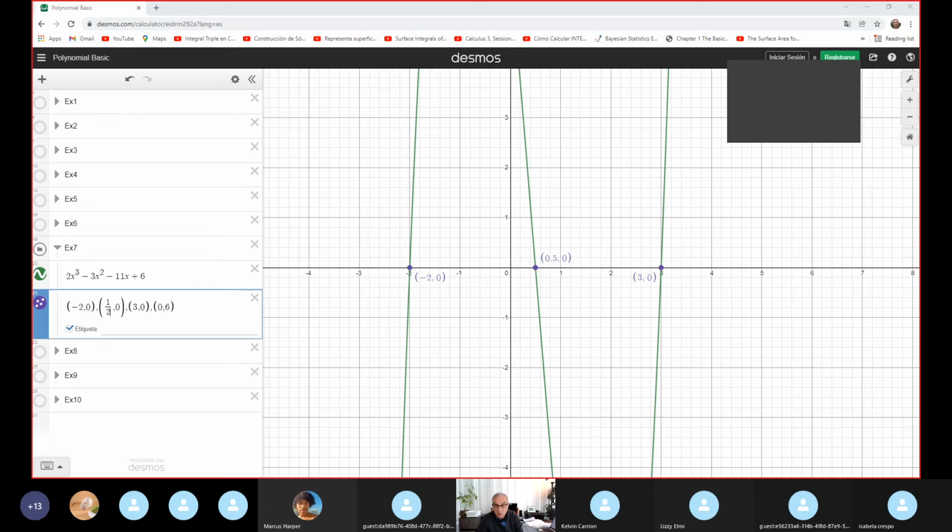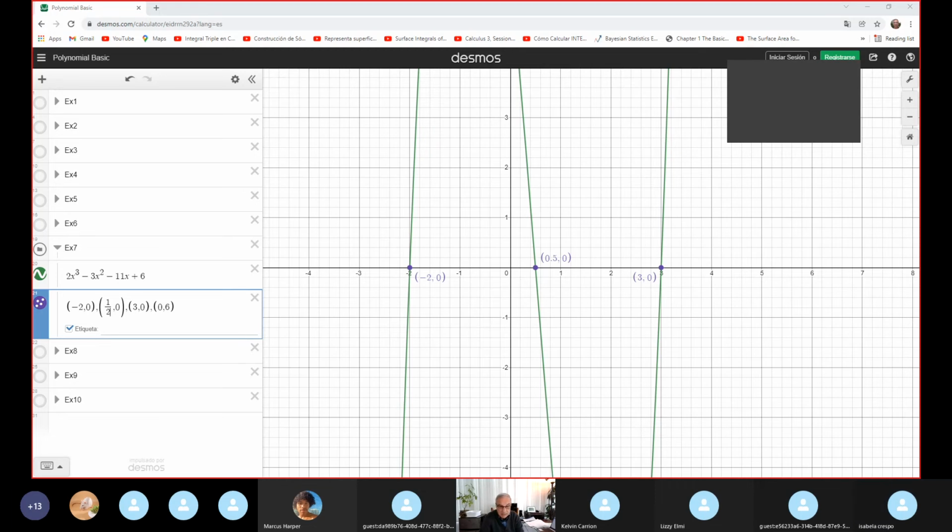As I saw in Desmos, I saw -2, 1/2, and 3. What do you recommend I do? The order is not important. Even the fraction is perfectly fine. But to make the problem easy, let's do 3, which is positive, no? Yes or no?